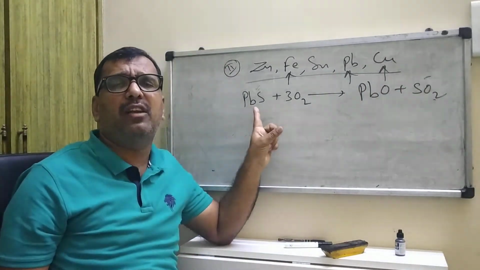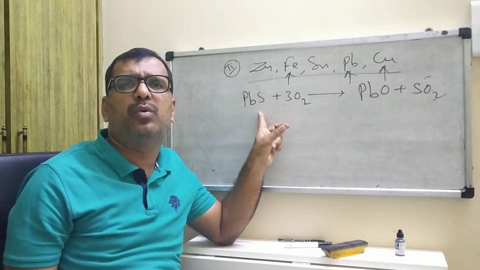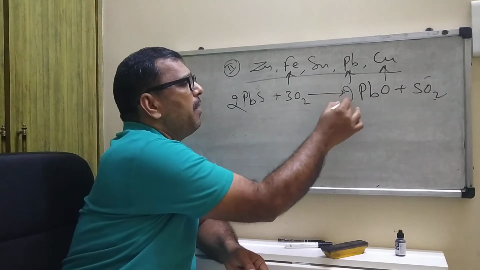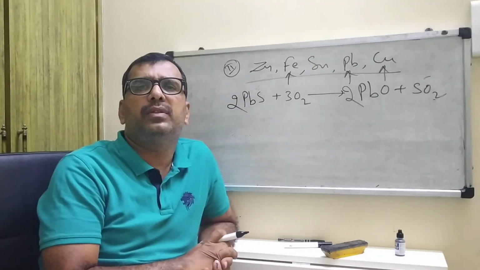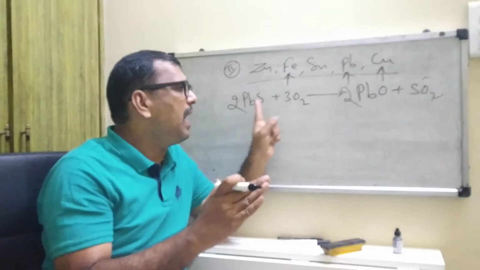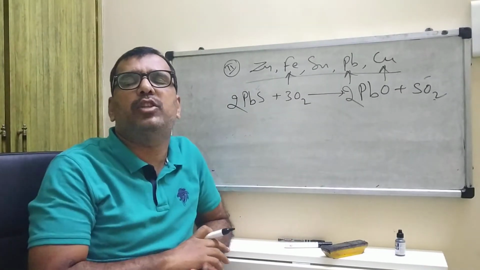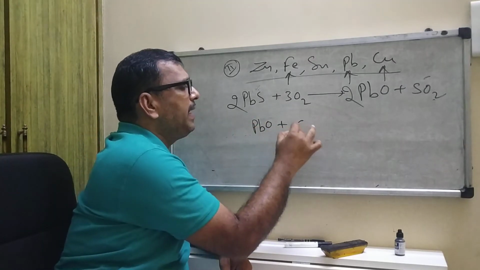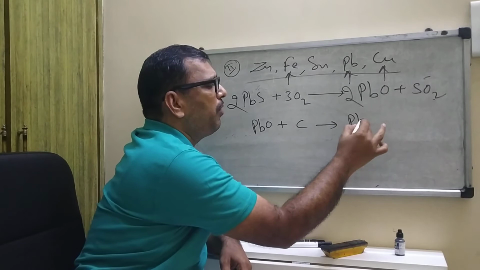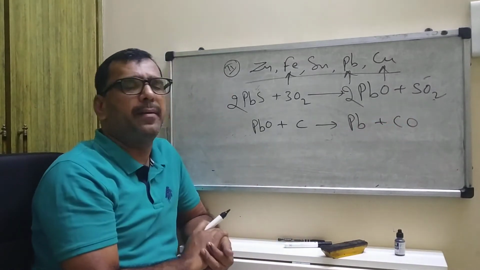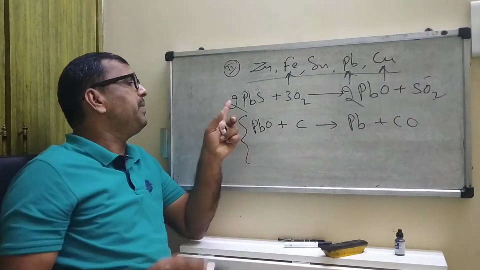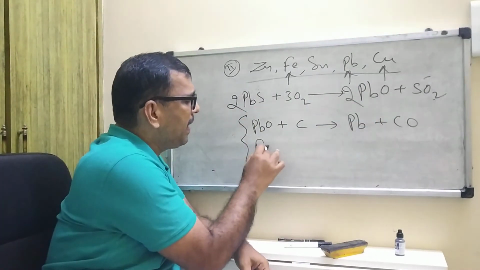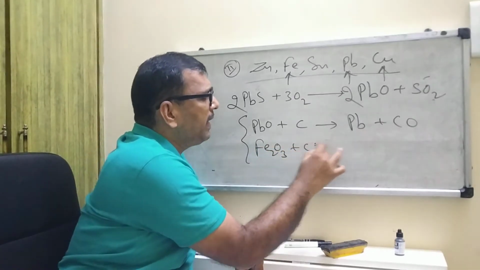So the respective sulfides are first converted into their respective oxides. Then lead oxide reacts with reducing agents to form lead plus carbon monoxide.